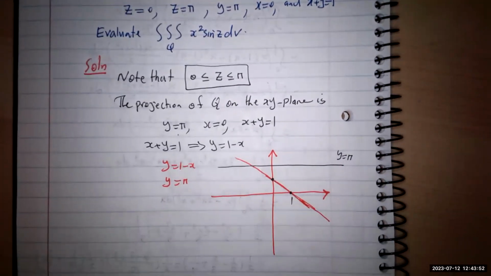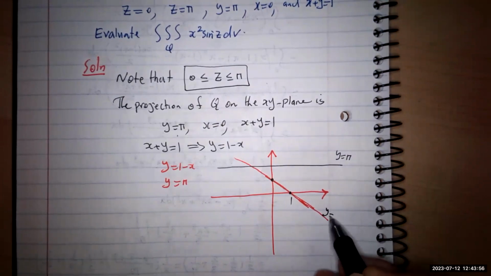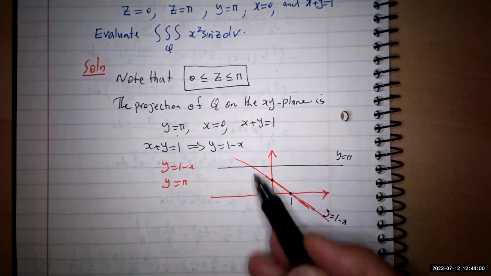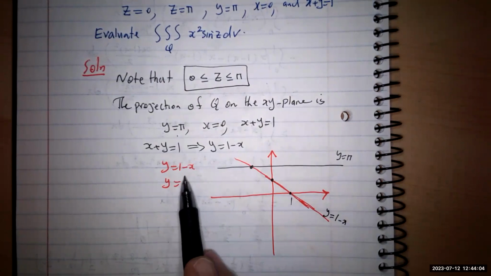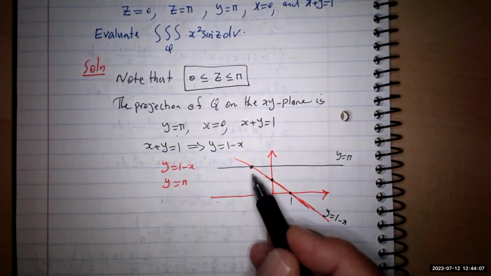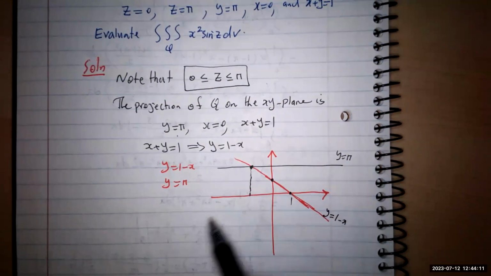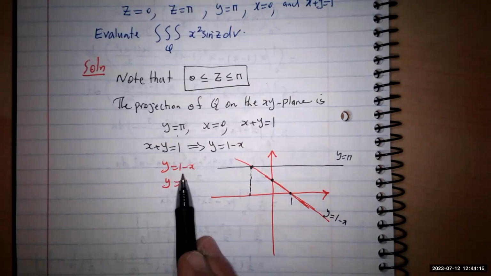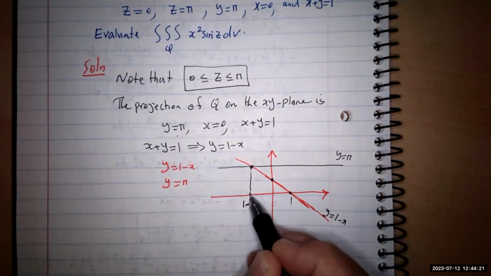This is the line y equal to 1 minus x. It would intersect y equal to pi at this point. If you replace y by pi, then your x would be 1 minus pi. So this gives you 1 minus pi for your x.